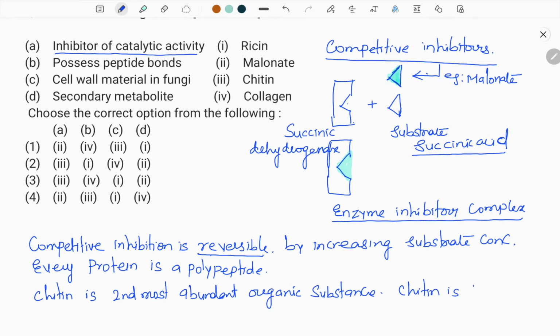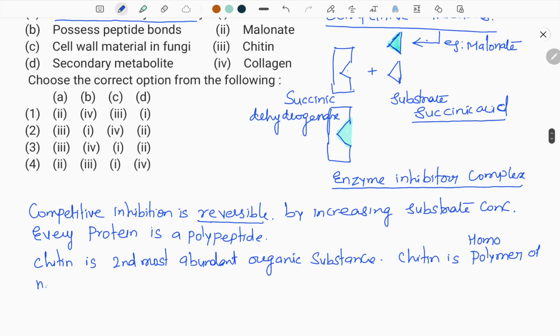Chitin is a homopolymer because it is made up of one kind of monomer, N-acetyl glucosamine. It is called an amino sugar.